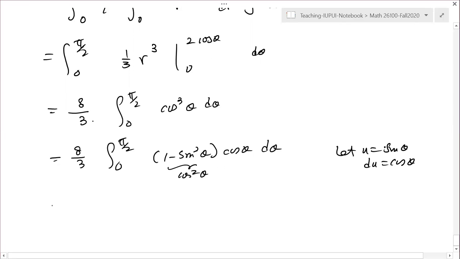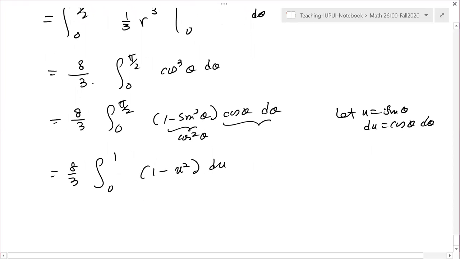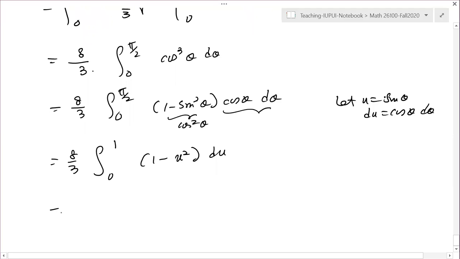So when theta is 0, u is 0. When theta is pi over 2, u is 1. It's 1 minus u squared, and cosine theta d theta is du. That's another substitution. See, we use a lot of substitution here.